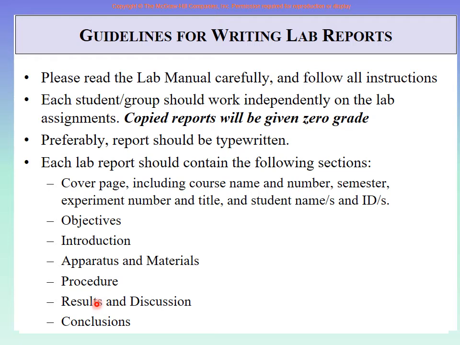Results and discussion. What are the results from the experiment? Sometimes there are values given in a table. Sometimes you can show them as a graph. Sometimes you are taking some pictures showing some defects and so on. So whether they are tables, graphs, or pictures from the experiment, they are results.